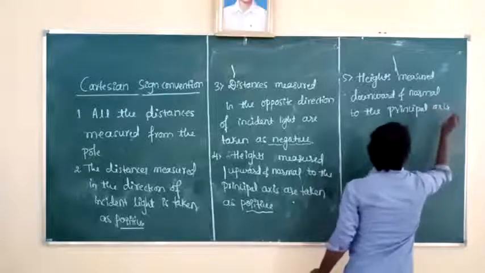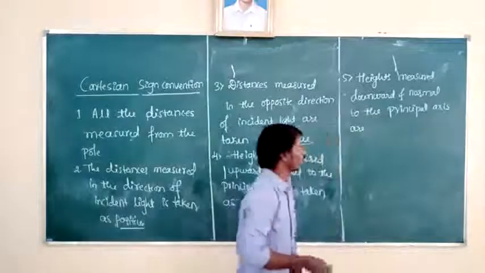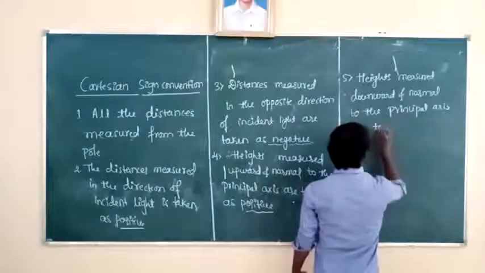Normal means perpendicular. They are taken as negative. Downward means here the negative y-axis.